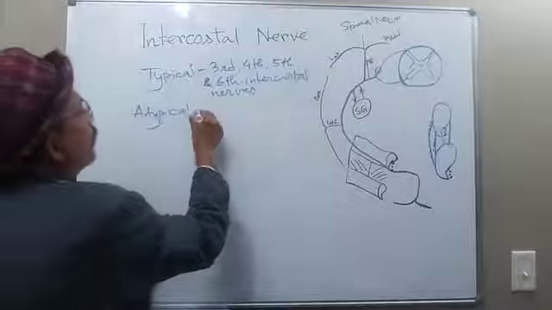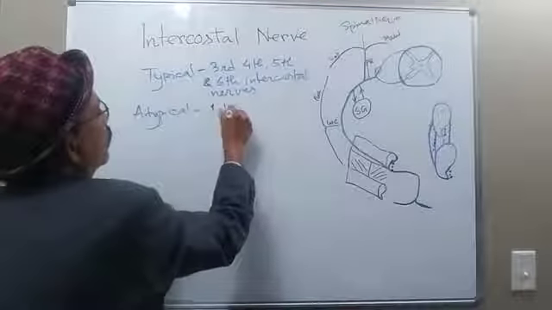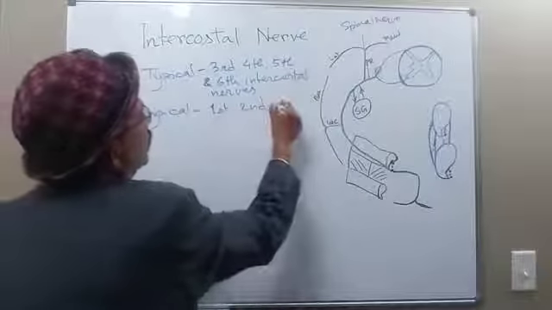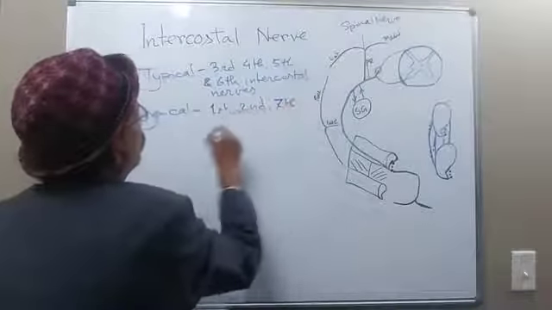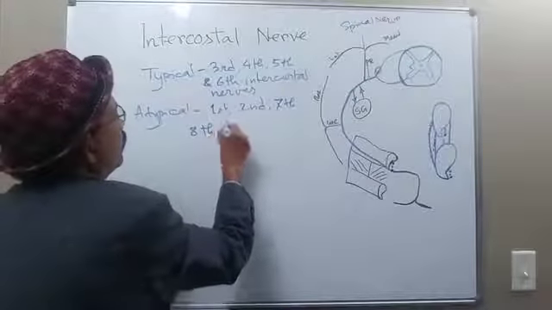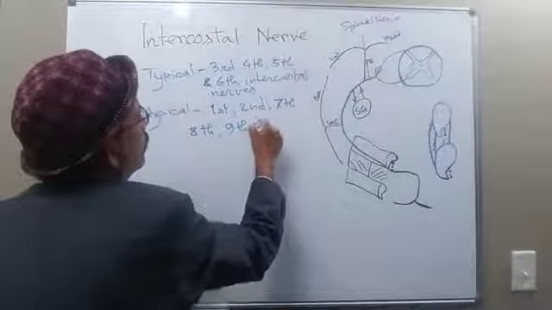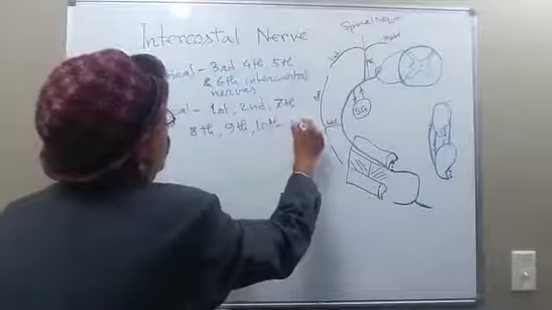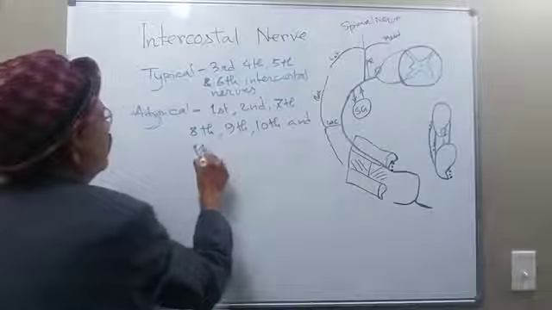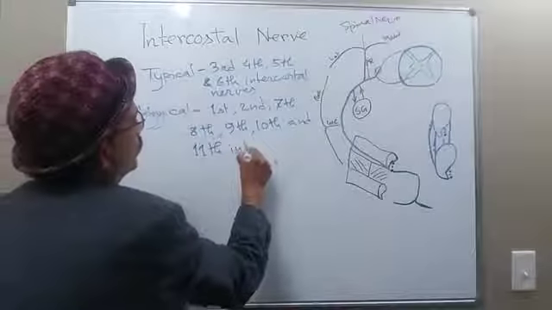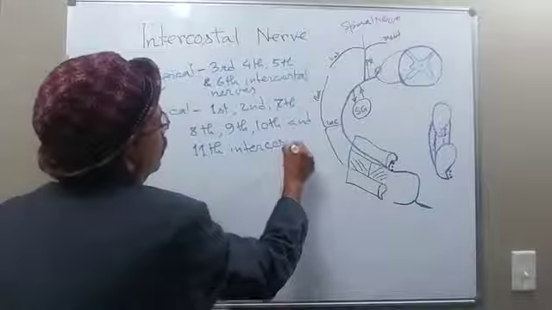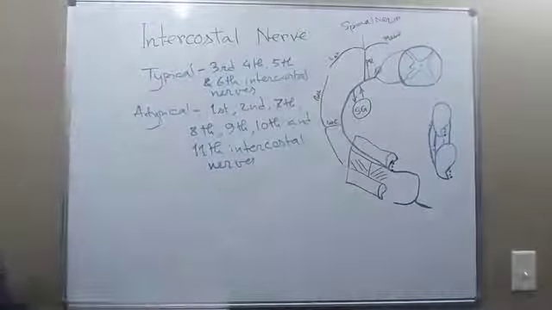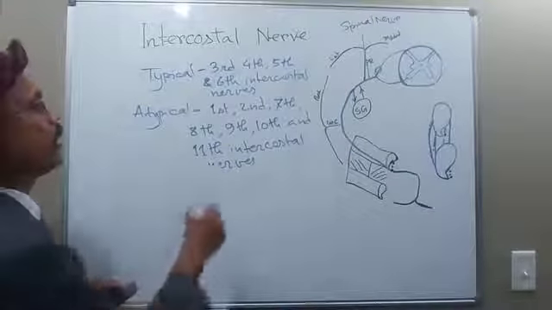Atypical intercostal nerves are the first intercostal nerve, second intercostal nerve, then the seventh, eighth, ninth, 10th, and 11th intercostal nerves. Why atypical?